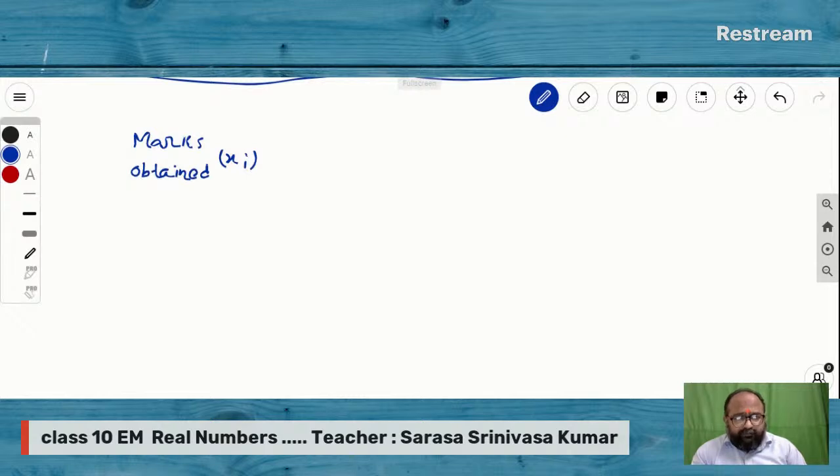Now the second column is number of students. So this is taken as frequency fi. The third column is the product of these two, fi xi.